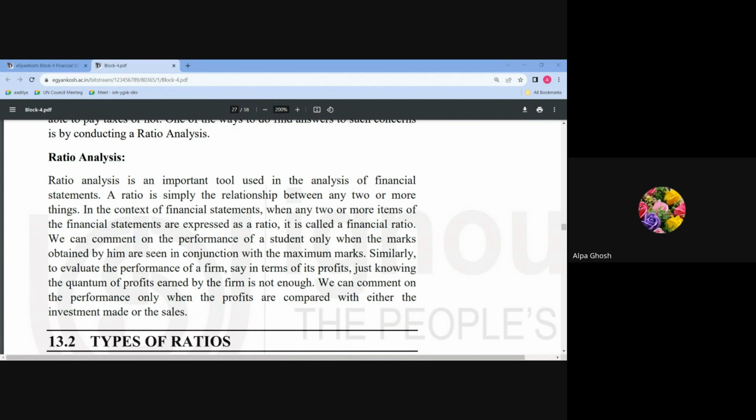Suppose the very easy example, how many marks you have scored, how many percentage you have scored in your exam. So here, what are the two aspects? The total marks, suppose it is 1000, and out of 1000, what is your score? If your score is 700, then you cannot understand what 700 means.